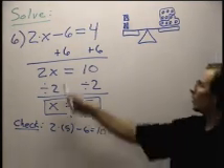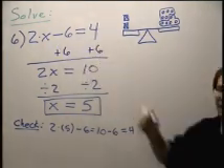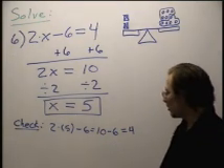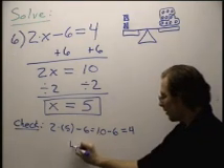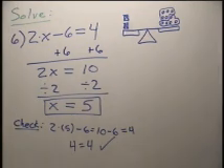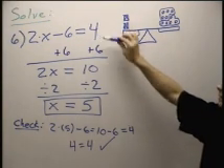So we get 4 on the left-hand side of the equation, and that's equal to the 4 that's on the right-hand side of the equation. Okay? The 2 sides are equal to each other. Therefore, the value x equals 5 makes this equation true, so it's a solution of the equation.